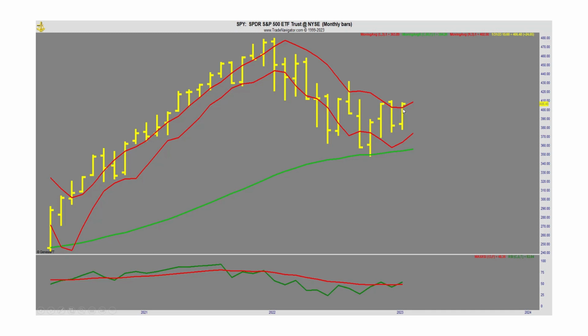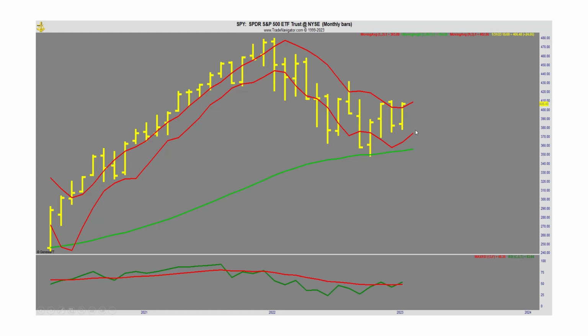But if they're going up, 409 is probably not resistance. That's way too close to price. What can I look for next? Well, the next thing would be the previous swing high up here, which is, let's call it the 432 area.